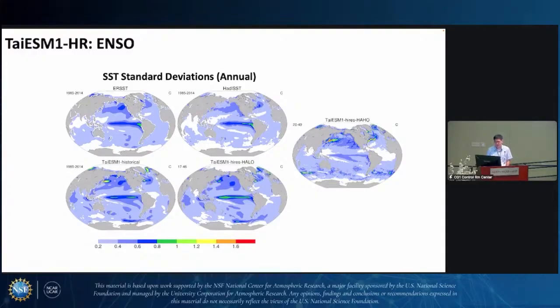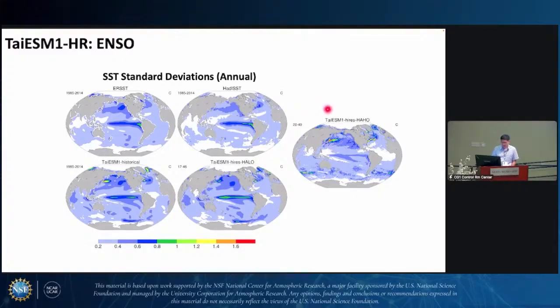We also know that this phenomenon occurs in some other models, such as maybe NorESM or the Australian model. One thing we also noticed is the very strong variability in the Northern Pacific off the Japan region.